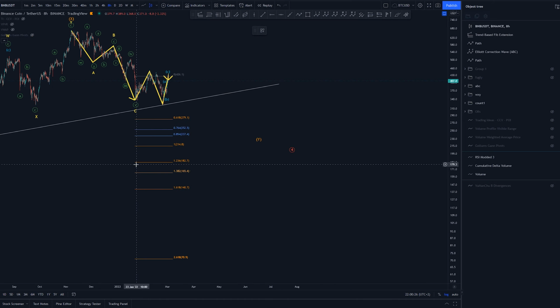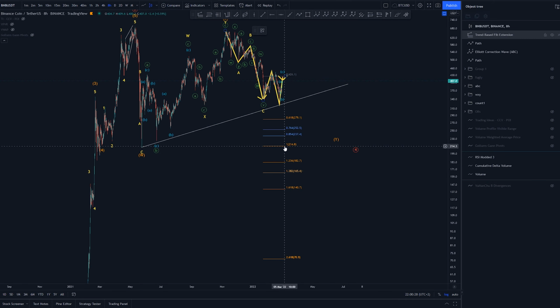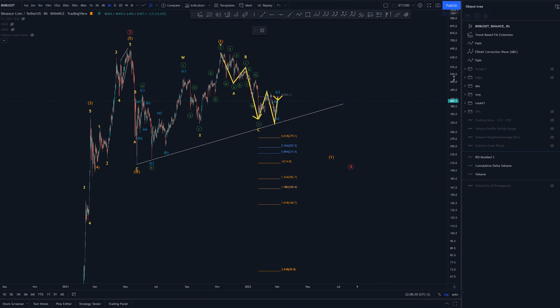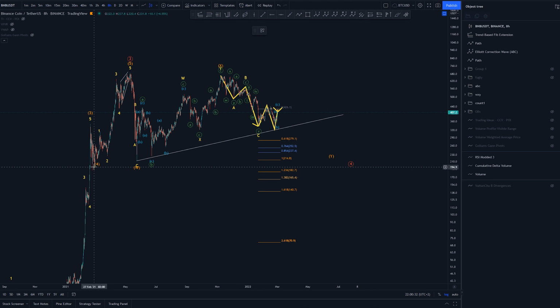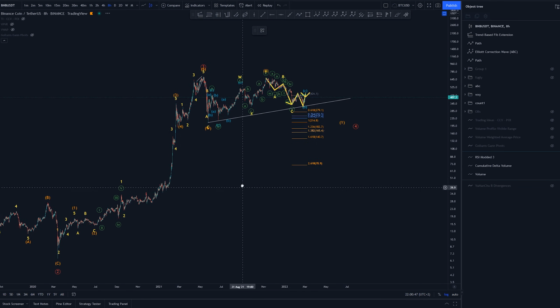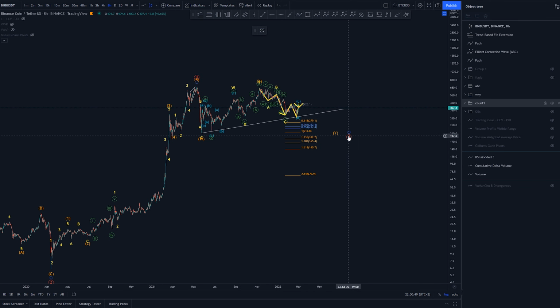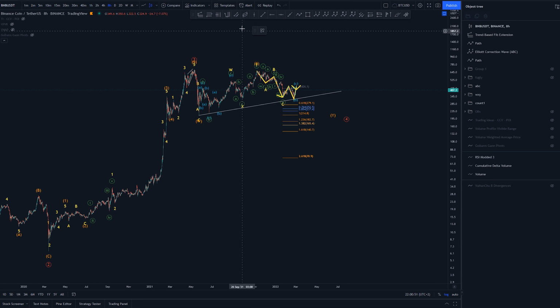Now, where would this bring us? This would bring us to the primary third wave and the end of wave 4 of that primary third. So this is typically the area where this wave 4 will end up at.